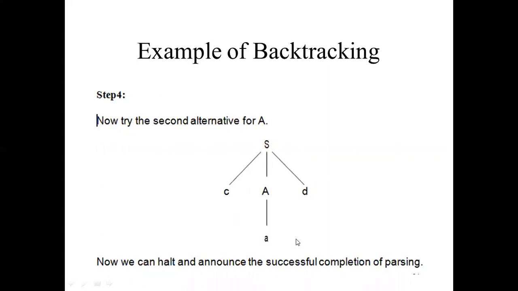Here we are using top down parsing, because we are dividing from the top and approaching towards the children nodes. These are called the children nodes, and this is called the main node, that is the parent node.